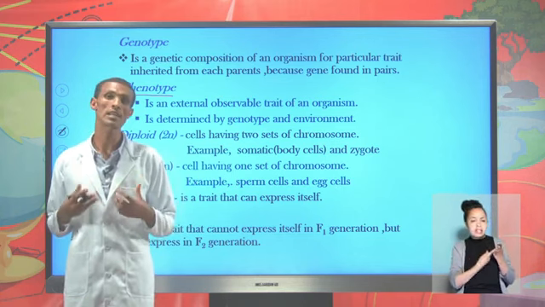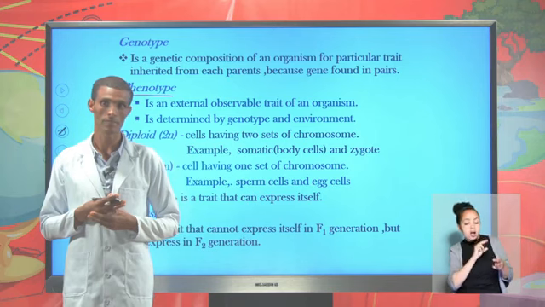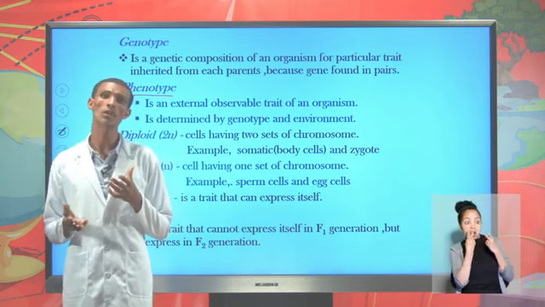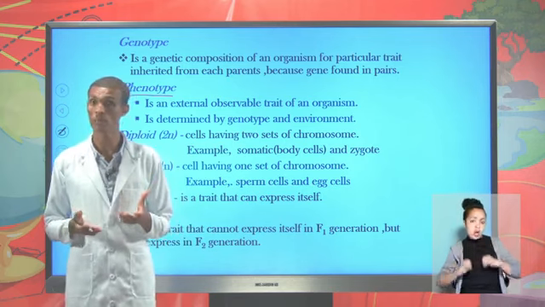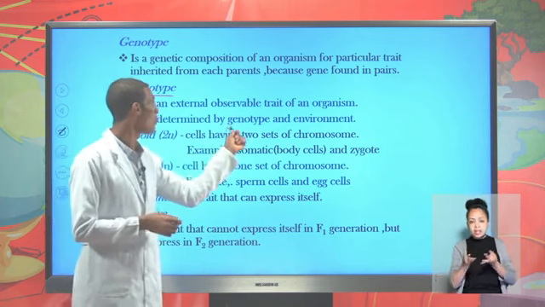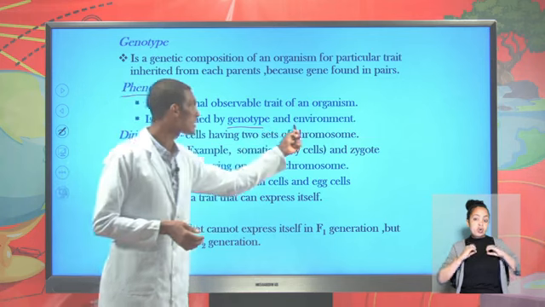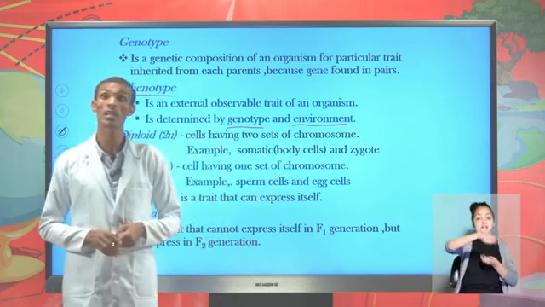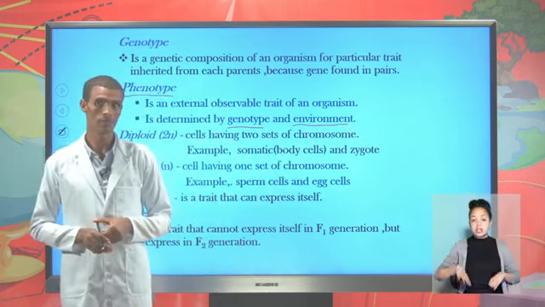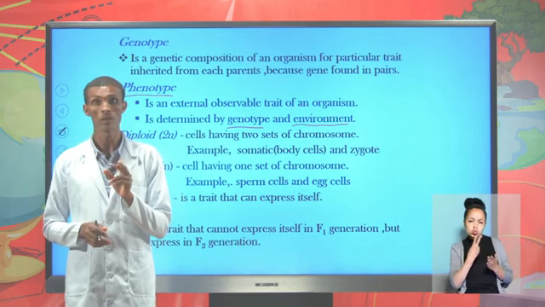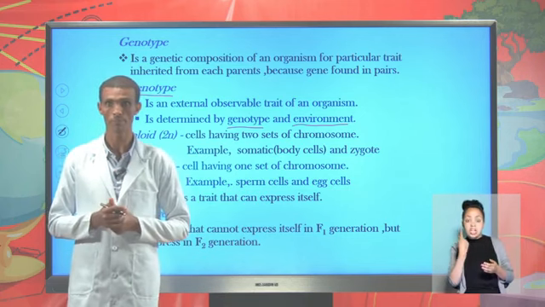This is an externally observable character. The observable character of an organism, or phenotype, is determined by the genotypic makeup of the living organism plus the environment in which that living organism is found. These two factors determine an individual's phenotype.